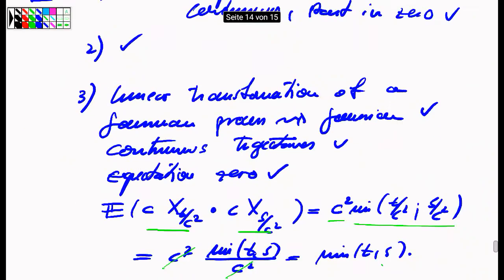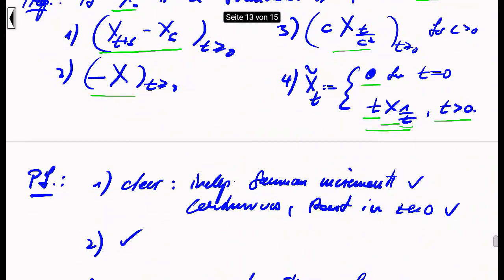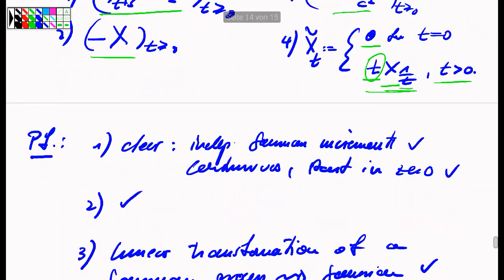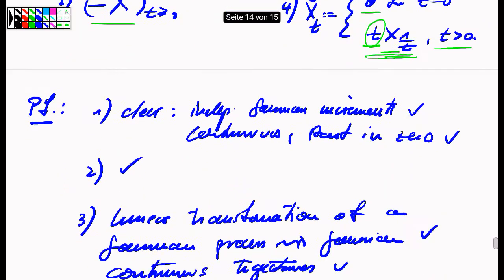So it's by no means clear that this t factor, which converges to 0 for t to 0, is converging fast enough in order to guarantee that this Brownian motion, which is effectively evaluated at larger and larger times, is not growing too quickly for the whole thing to still converge to 0.